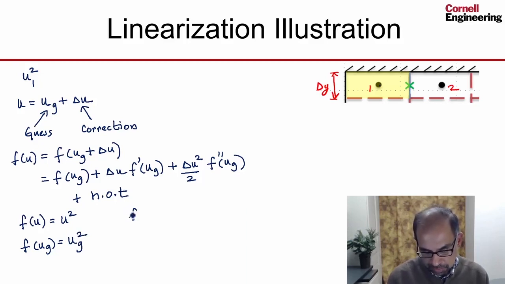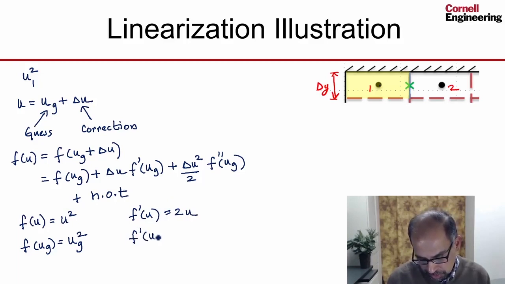F prime of u is the derivative of that with respect to u, so that's 2u. And f prime of u evaluated using the guess is just 2 u guess.